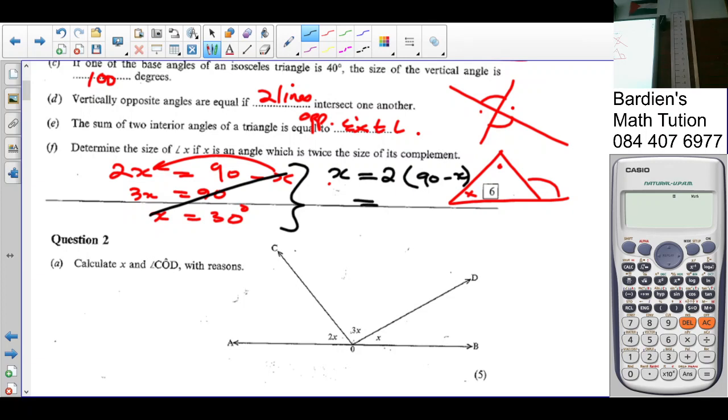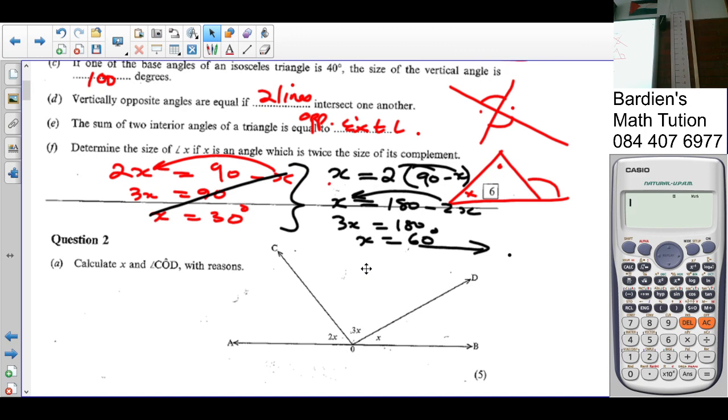So 2 times the complement will be equal to x. Okay? So you multiply that out, gives you 180 minus 2x equals x. Gives you 3x is equal to 180. x is equal to 60. That is correct. This is incorrect here. No? You all agree with that so far?